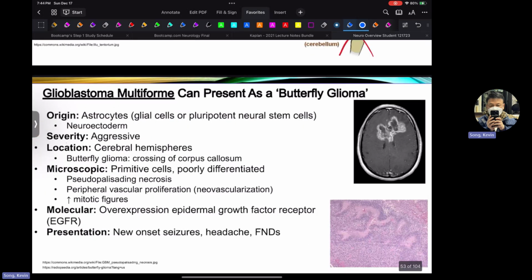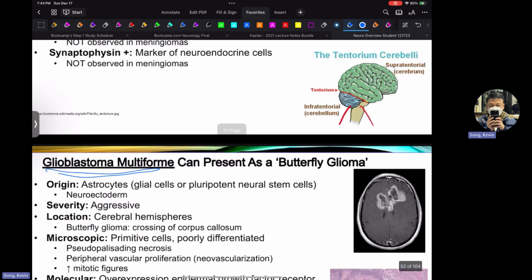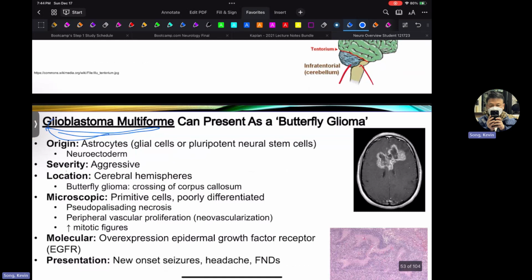All right, and the glioma now is an adult one. In adults, it's glioblastoma multiforme, GBM. That's the most common. Basically this is the adult version of the astrocytoma. One thing you need to know here is that it looks like a butterfly.